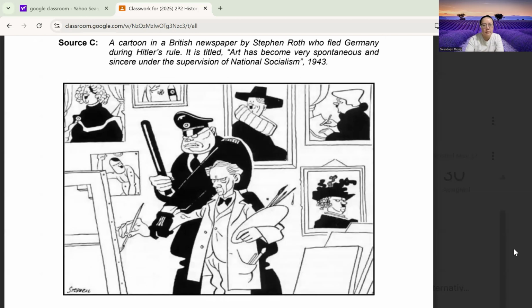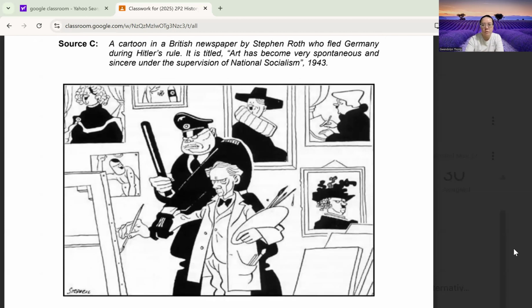Last but not least, just to show you that you can actually infer a tone even from a pictorial source. We're going to go to Germany now, in the 1940s. Many of you already know this, but some of you could be learning this for the first time. Germany was under the rule of Hitler from 1933 onwards.